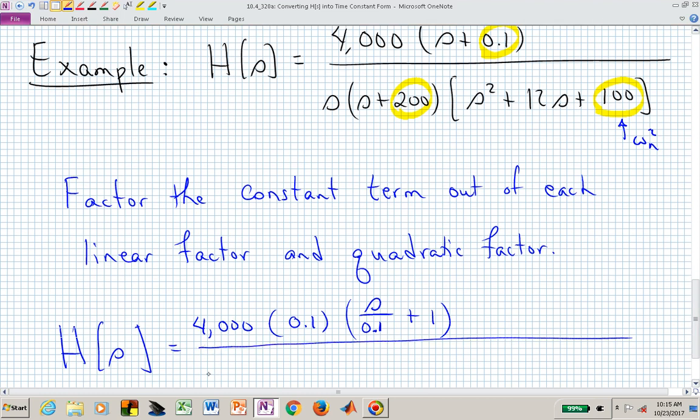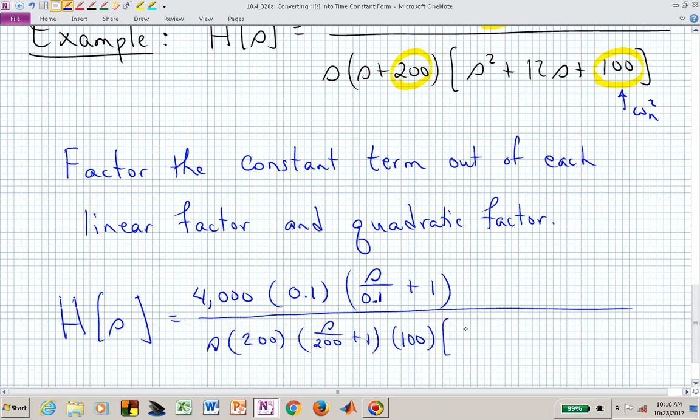In the denominator, we leave the S alone. That's okay. But now we factor out the 200 from the linear pole factor, and we now have S over 200 plus 1, and then we can factor out the 100 from the quadratic factor, and now we have S squared over 100 plus 12S over 100 plus 100 over 100, or 1.